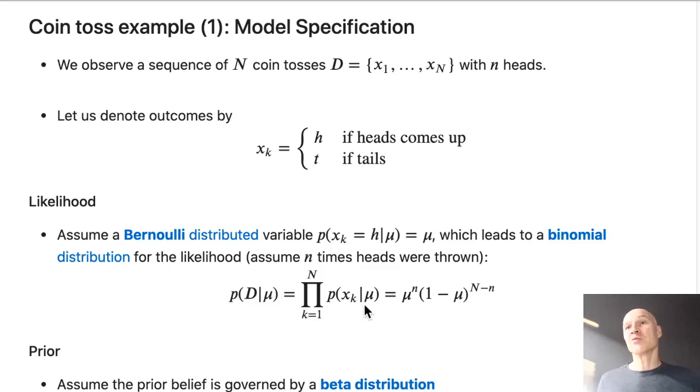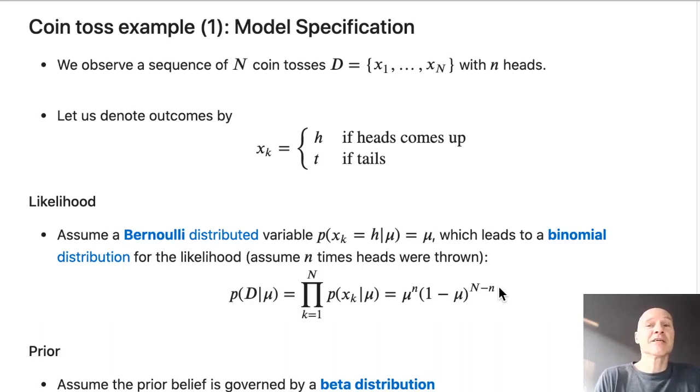If I assume that I get small n heads, and as a result also capital N minus n tails, then the probability for the data is mu to the power n times (1 minus mu), the probability of throwing tails, to the power capital N minus small n, which is the number of times that you threw tails.